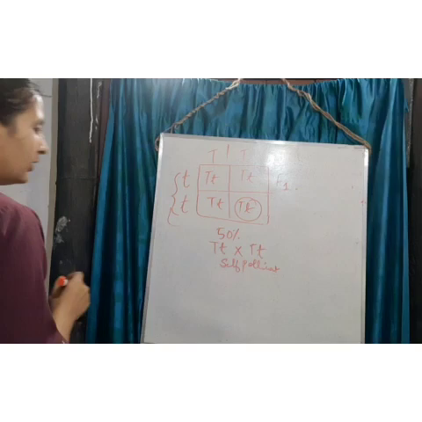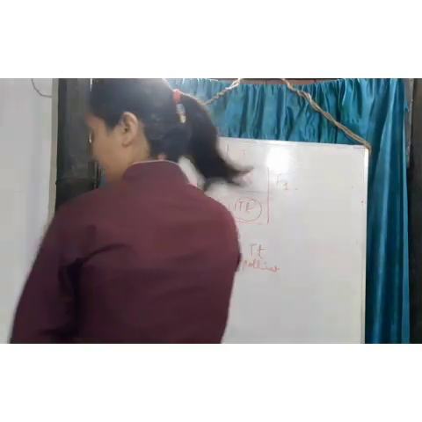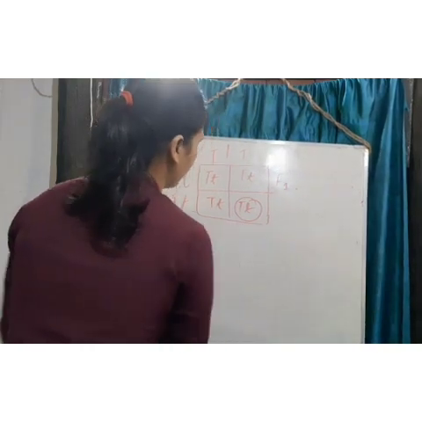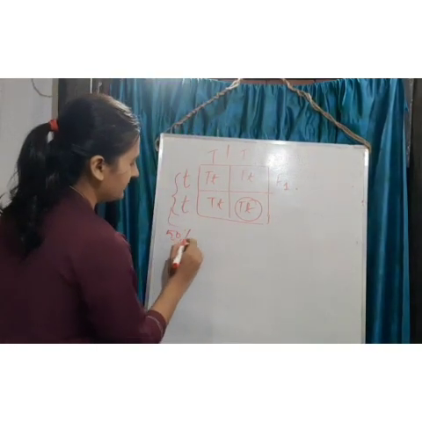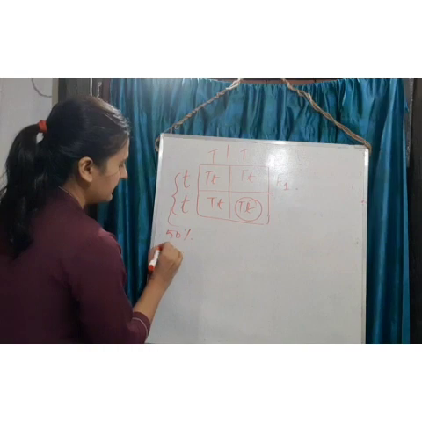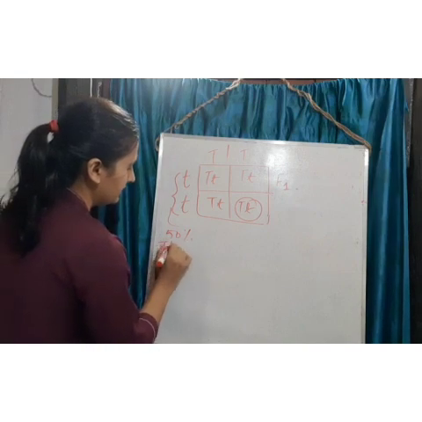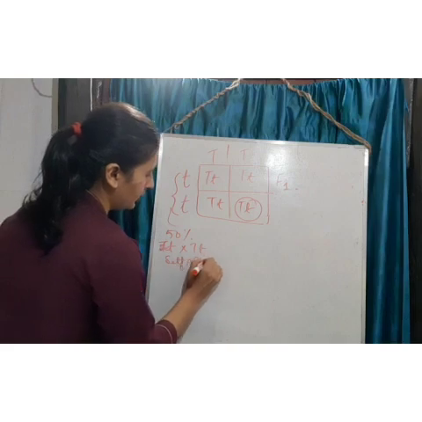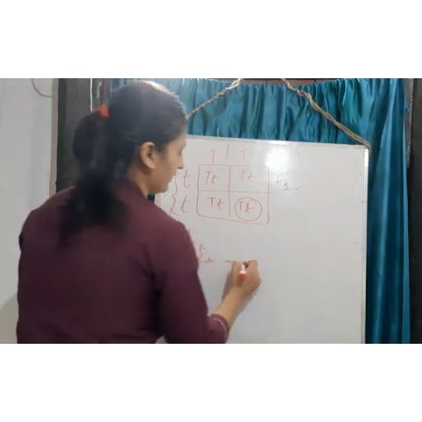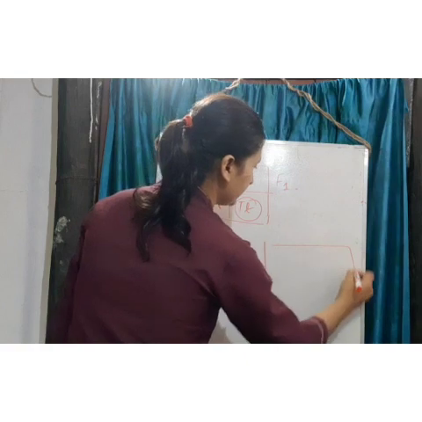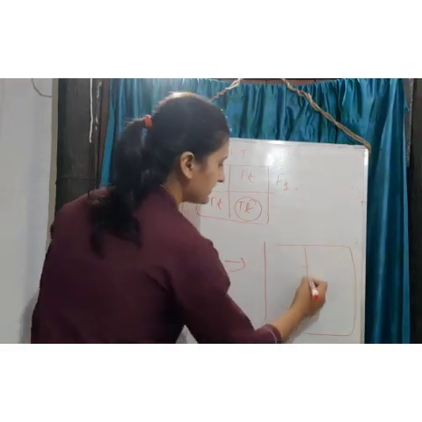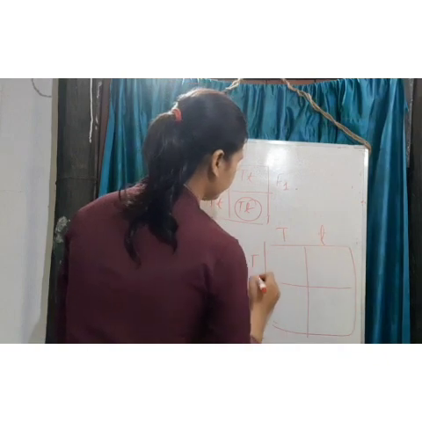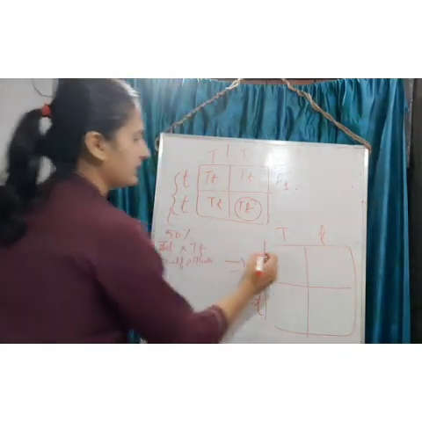So in self-pollination, what is observed? Okay, let me just write down here. 50% then self-pollination. Here the gametes are taken with this. Correct?